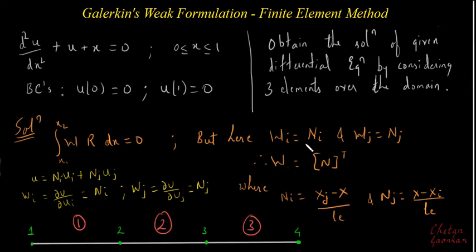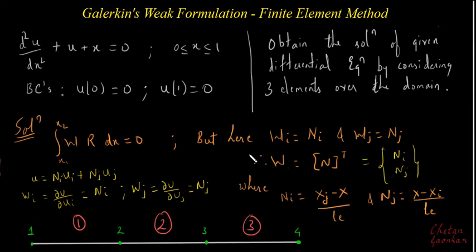Since there will be two weighting functions, I can group them together in this fashion. That is, the weighting function will be n transpose, where n transpose is ni and nj. So that is what we will do here.